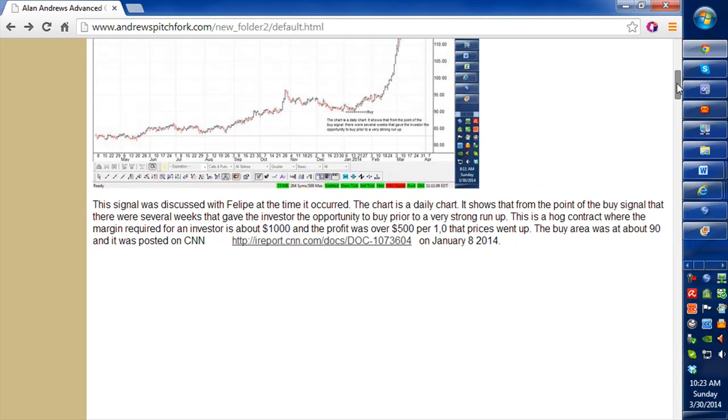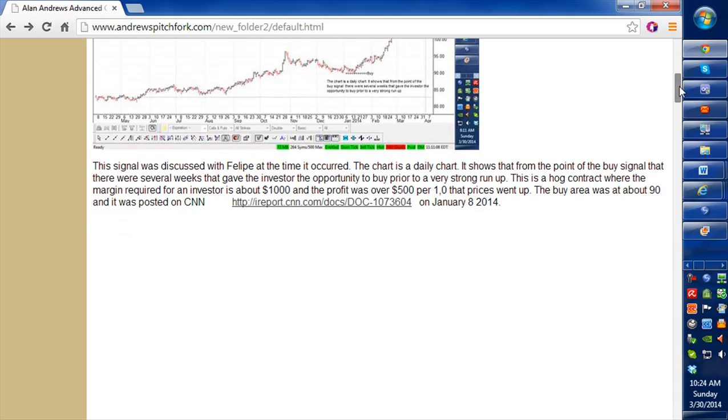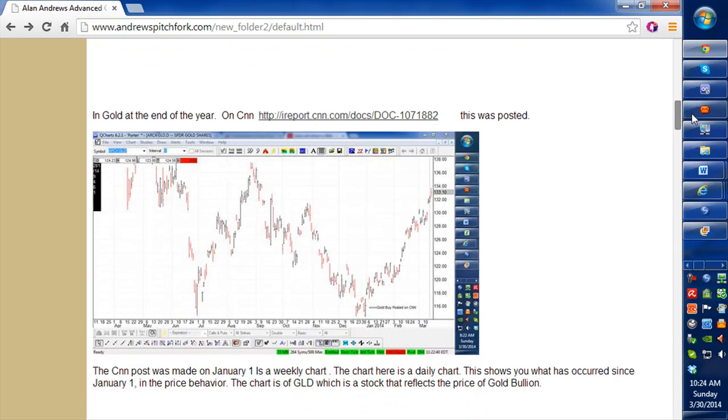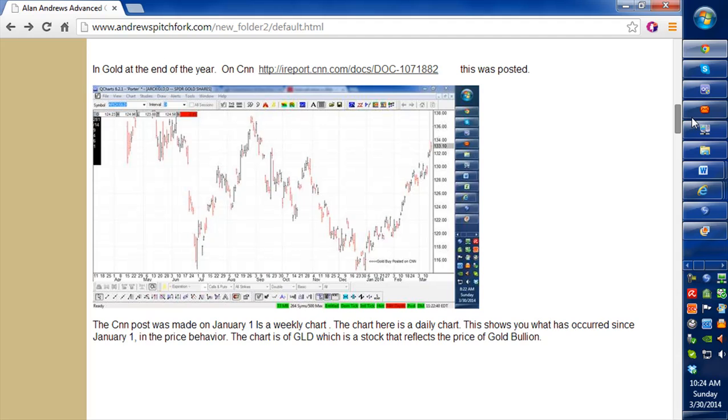And this is one of the things that we would be looking at in terms of what we'd have in the portfolios. Take gold, for example. At the end of the year, there was a signal over here using the technology that we use.